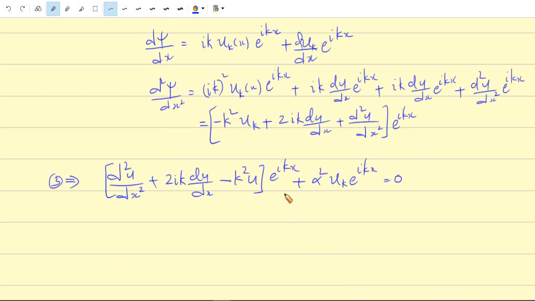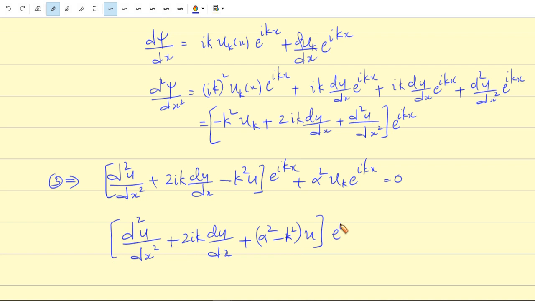Okay, this can be simplified like this: d square u by dx square plus 2ik du by dx plus (alpha square minus k square) u, times e raised to ikx, is equal to 0.